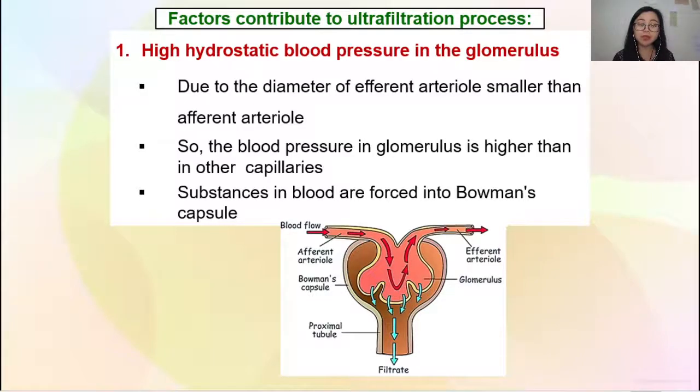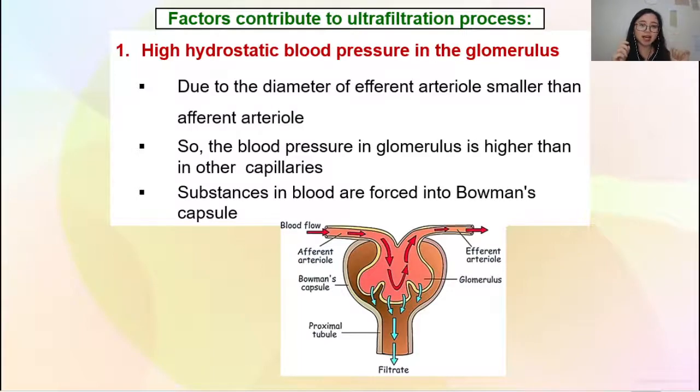Due to the diameter of the efferent arteriole being smaller than the afferent arteriole, the blood in the glomerulus will have higher blood pressure than in the other capillaries. Sebab kamu bayangkan kamu daripada lorong yang luas, tiba-tiba kamu kena paksa untuk masuk lorong yang kecil. Masa kamu mau dari lorong luas masuk ke dalam lorong kecil tu, mesti kamu bertolak-tolak, kamu jerit-jerit, kamu stres kan.